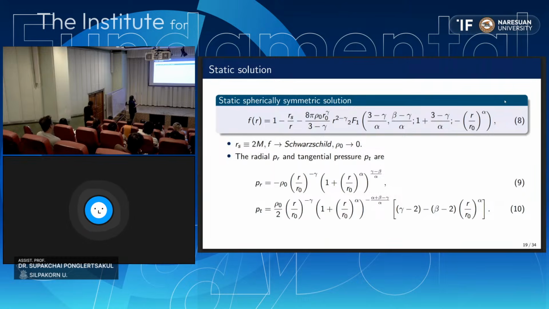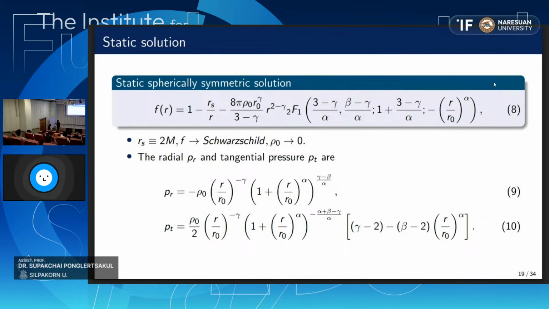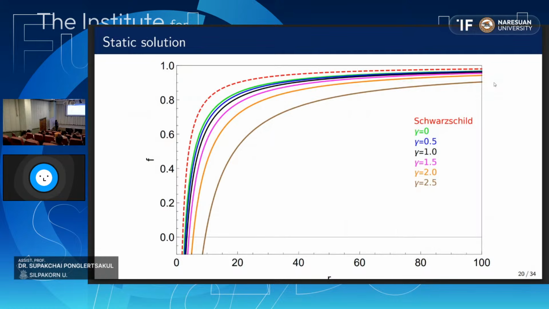As a trade-off, of course, P_R and P_T must be put into this horrible form. But after we obtain equations 9 and 10, this solution is automatically a solution of the Einstein equation. And this is the f function plotted as a variation of gamma.